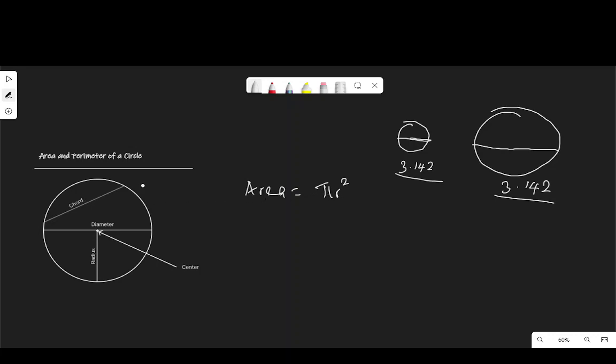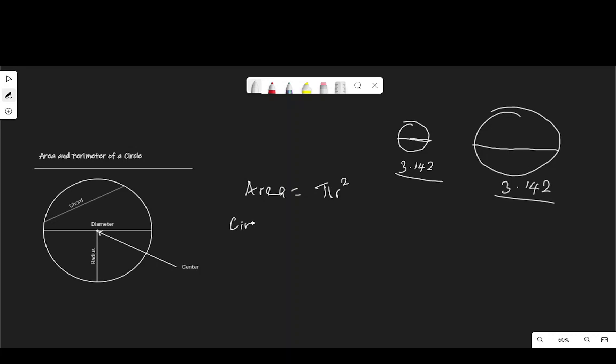While perimeter, on the other hand, which we also call circumference of a circle, is the distance round the circle. If you use a piece of rope, for example, to measure the distance round the circle, that distance is what we call the perimeter of the circle. And for a circle, we give that perimeter a special name called circumference.